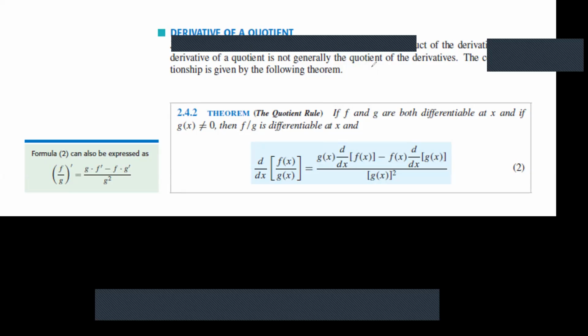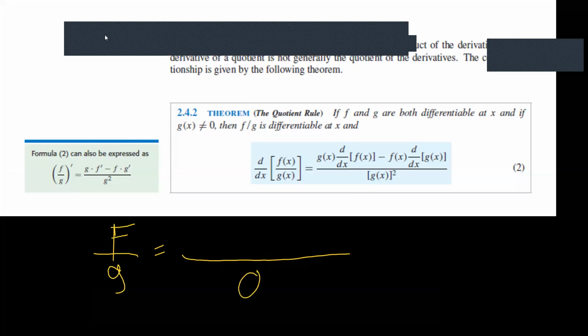f of x over g of x, and they are divided, if you have f over g, the first step, you have to put g of x squared down.